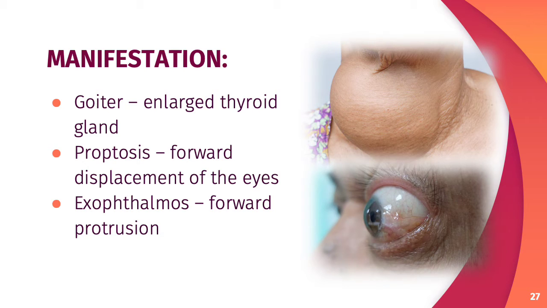Now, because there's compression and stretching of the optic nerve, the person may experience blurring of vision, diplopia, eye pain, lacrimation, and photophobia. If and when the eyes cannot fully close, there's also the tendency for the patient to manifest eye dryness.